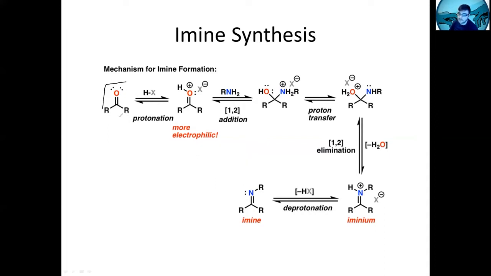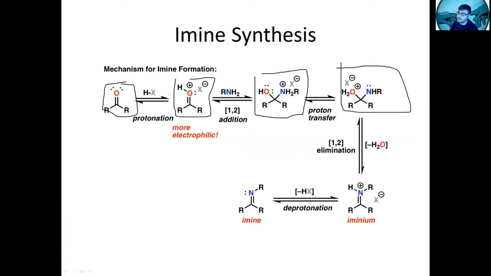Right. So you start off with the ketone, protonate it, right? Add in the NH2, the amine, right? And then you get this tetrahedral intermediate, which will clean itself up essentially, and it'll resolve into this form, right? Now, you notice that there is now, apart from here, there's water as well as NHR, right?